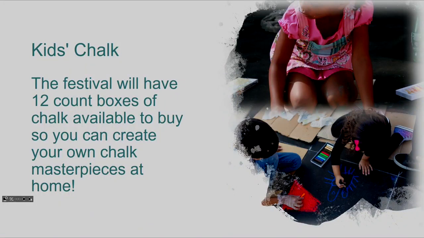And this year for the kids' chalk, we have available a fourth of the amount of colors available to the artists. That's only 12 within the box, mainly the primary and secondary colors, available for children who want to try this at home. And we will also have masks available after the event.